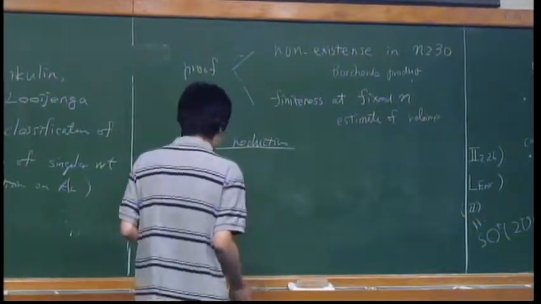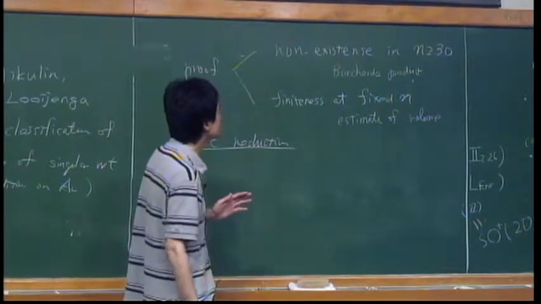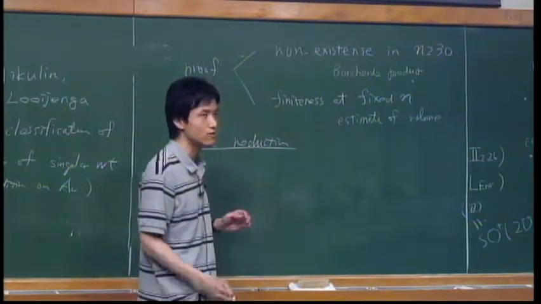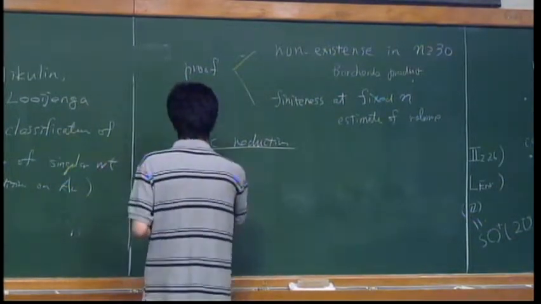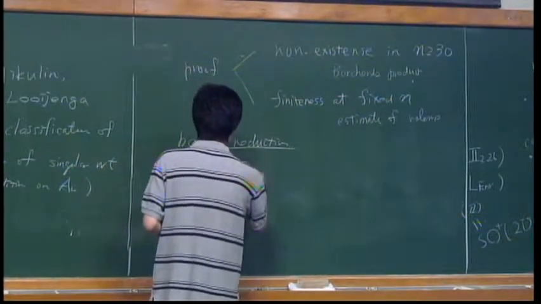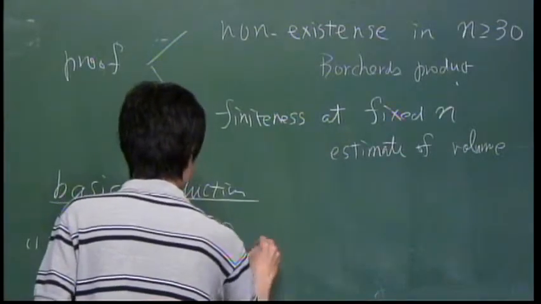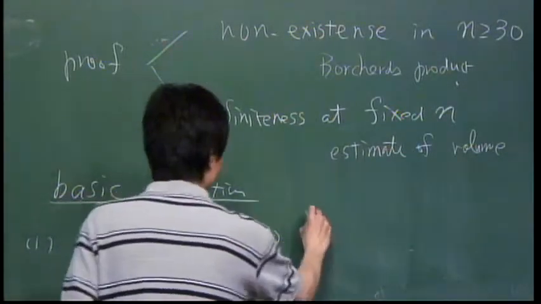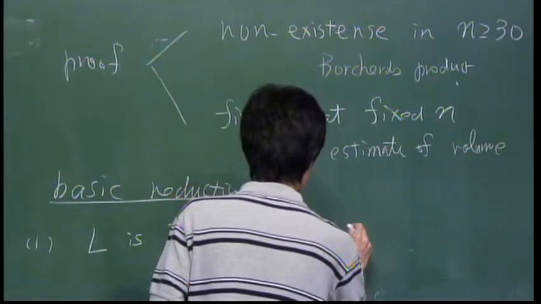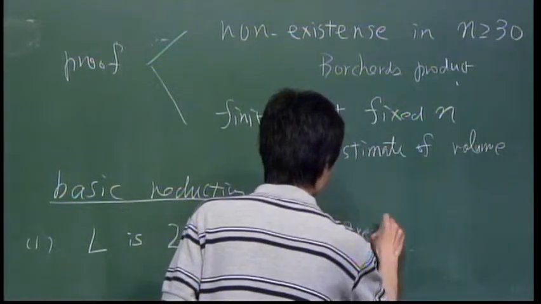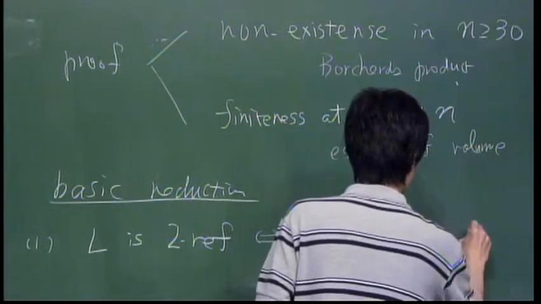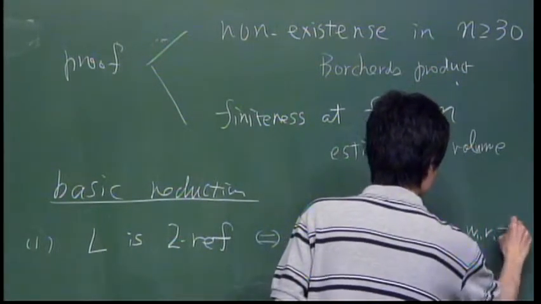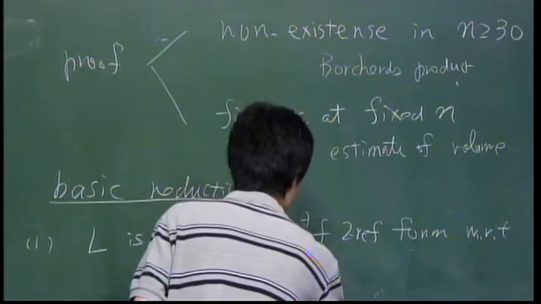But in order to prove non-existence, I can normalize the arithmetic group. So L is 2-reflective if and only if there exists a 2-reflective form with respect to the stable orthogonal group.